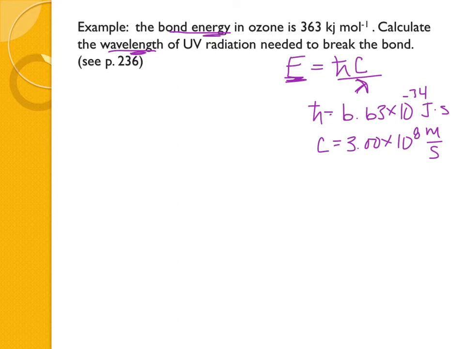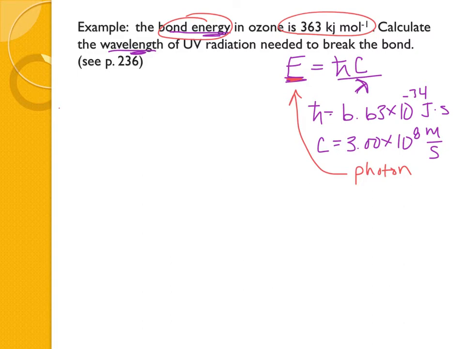Here's the catch. This bond energy is not in the same units as the energy in this light formula. This energy is the energy of a single photon, how much energy that photon would carry from a single electron transition. But bond energy is not the same.